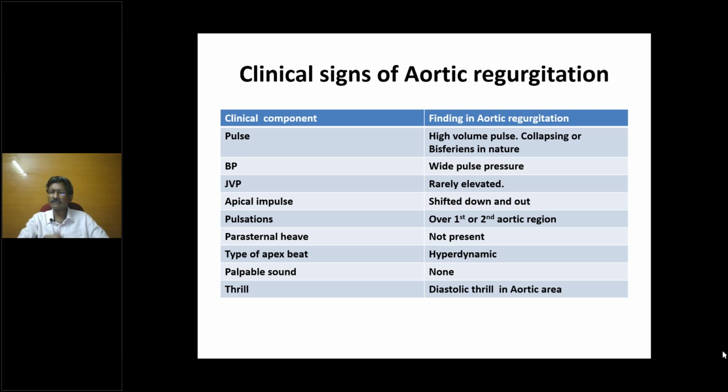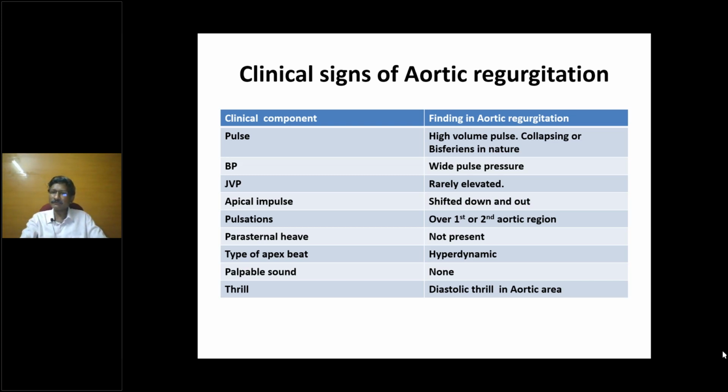I'll try to explain with the diagram at a later point of time, but this is a general idea. So don't think that the downstroke is due to the run back into the left ventricle. It is due to the peripheral runoff, because when I lift my hand, the blood column in the radial moves backward. Blood column in the brachial moves backward because there is no resistance of the peripheral vessel.